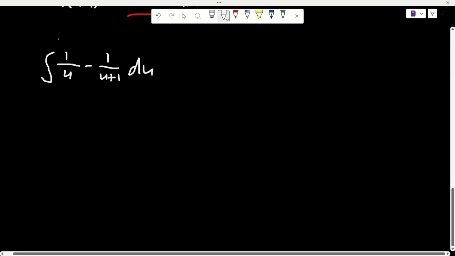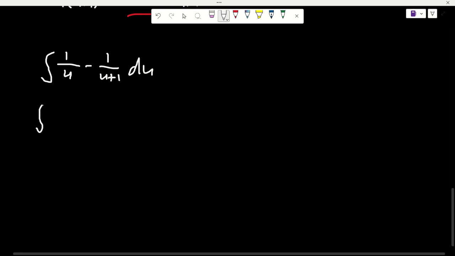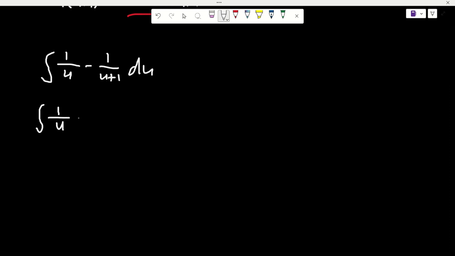Now, if we separate this, you can write it as this: integral of 1 over u du minus the integral of 1 over u plus 1 du.